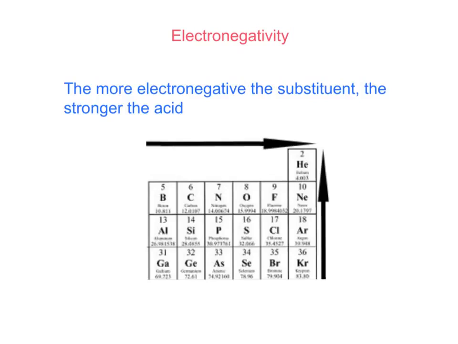As one can expect, fluorine is going to be the most electronegative atom, which explains this part right here. The more electronegative the substituent, the stronger the acid. And the electronegativity leads to a stronger acid because it pulls electron density away, stabilizing the carboxylate ion.